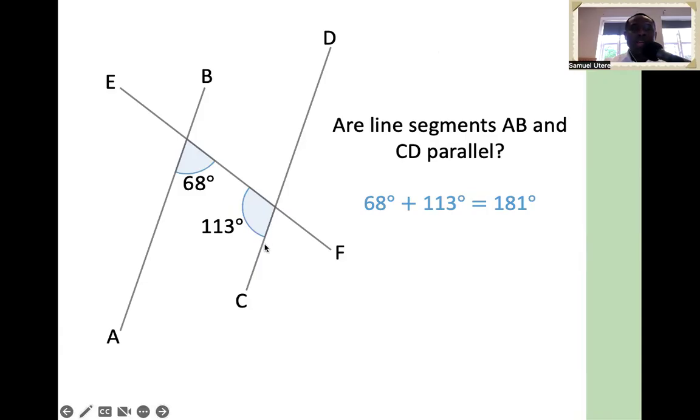Looking at this, that is the only information we seem to have to help us prove whether they are parallel or not. We're not going to have equipment to start measuring to see whether they're actually parallel. Using the numbers, if they were parallel, then the co-interior angles must sum to be 180 degrees. But in this case, they sum to be 181 degrees, so they're not parallel.